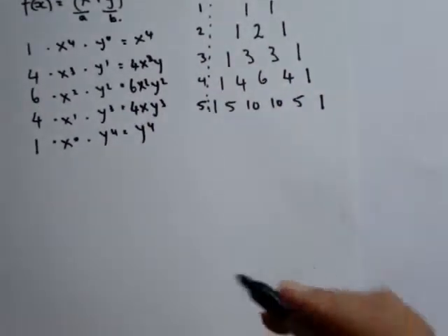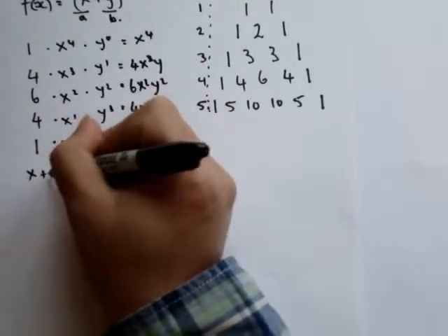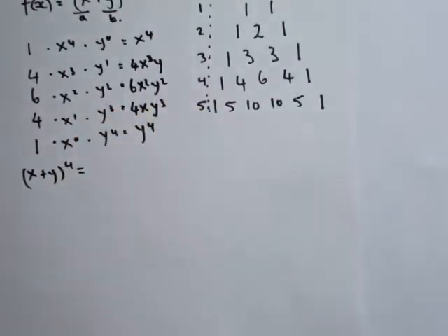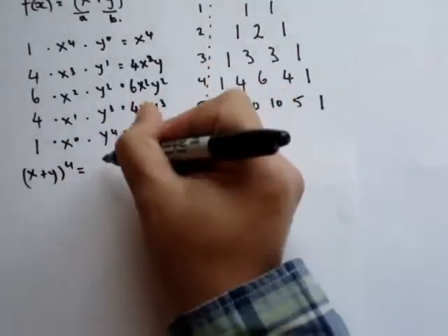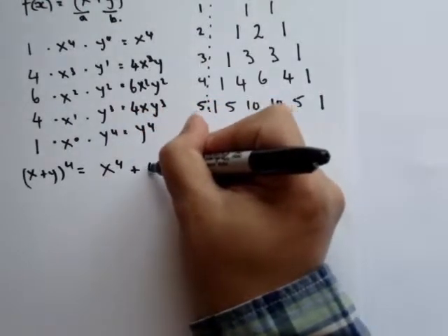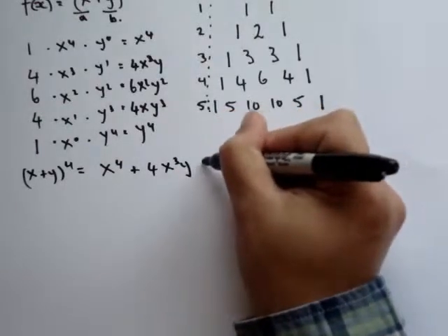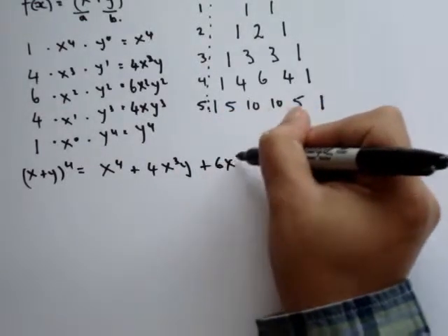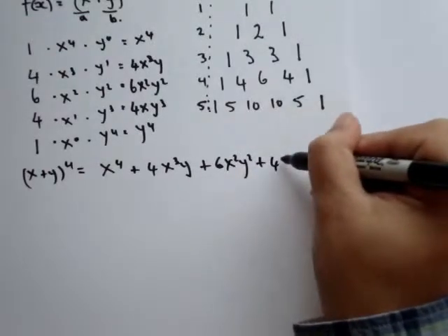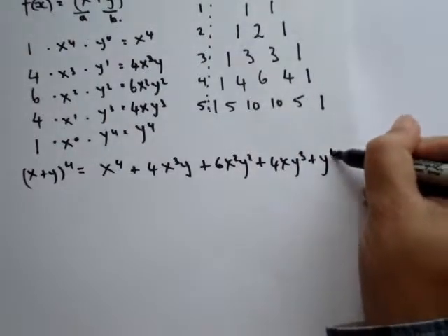And so our expansion, x plus y to the power 4, then becomes, we just follow this down, x to the power 4 plus 4x cubed y plus 6x squared y squared plus 4xy cubed plus y to the power 4.